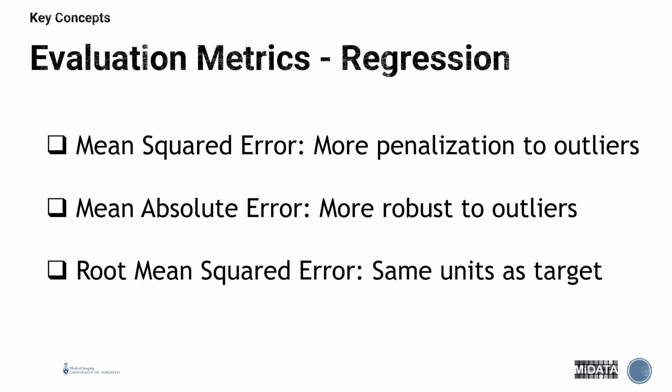And then you have the root mean squared error, and this is nice because it provides your error in the same units as your target, which is often useful if someone would like to appreciate what the error represents in context.